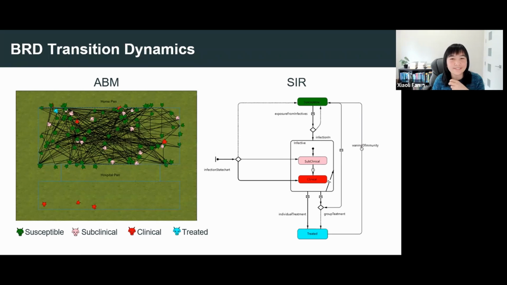No. I see. Okay. No, we didn't take into account movement inside the pen. It would be nice if there could be data supporting the different movement behavior, but we didn't incorporate that.